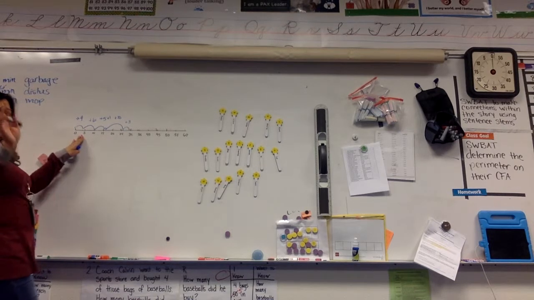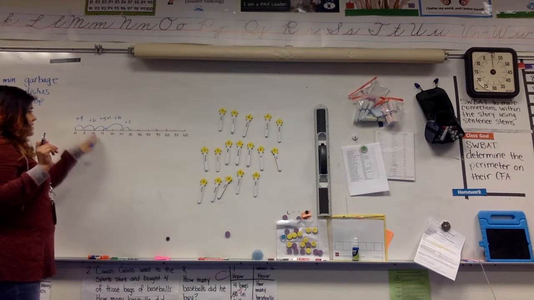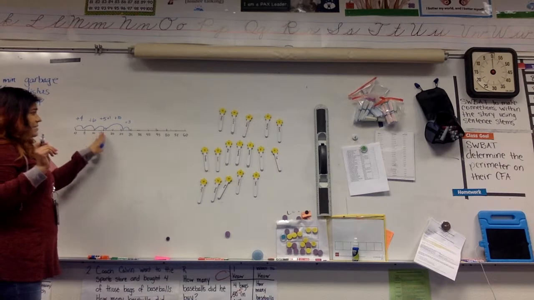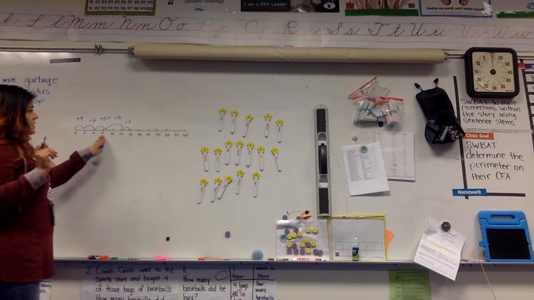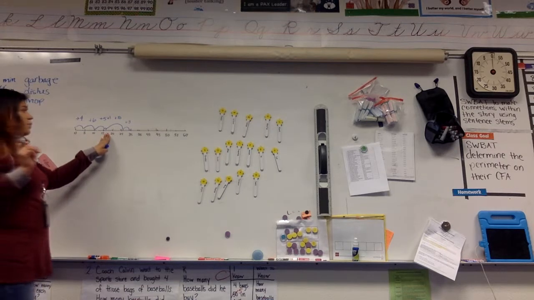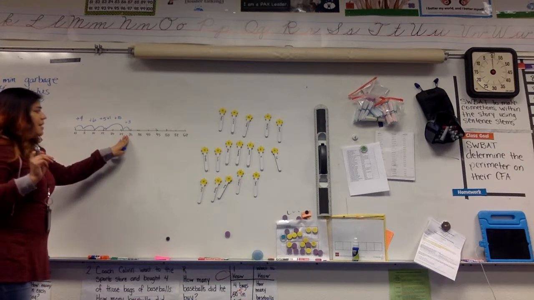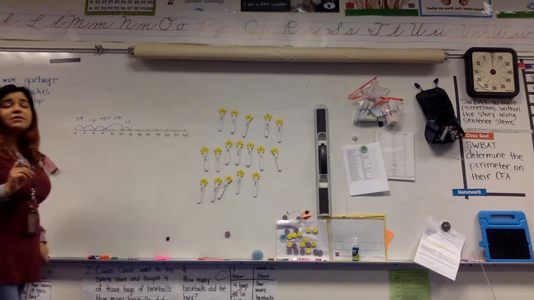Then we went from 4 to 10 and we added 6. Then we went from 10 to 15 and we added 5. Then we went from 15 to 16 and we added 1. Then we went from 16 to 26 and we added 10. Then we went from 26 to 29 and we added 3.